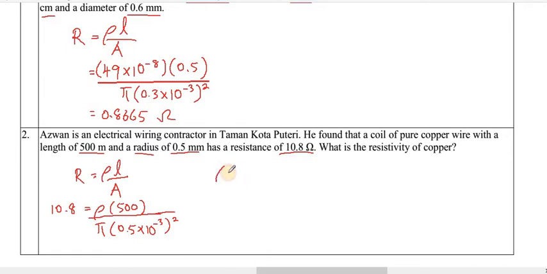So the resistivity should be, you should get 1.6965 times 10 power by negative 8 ohm meter. The unit for resistivity is ohm meter.